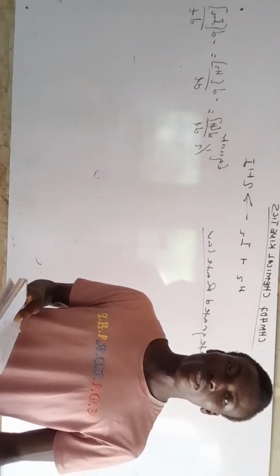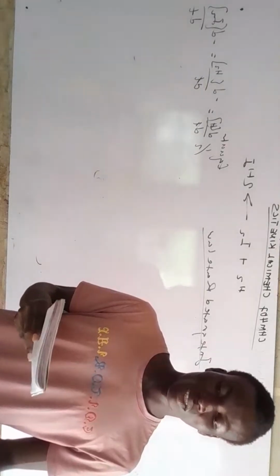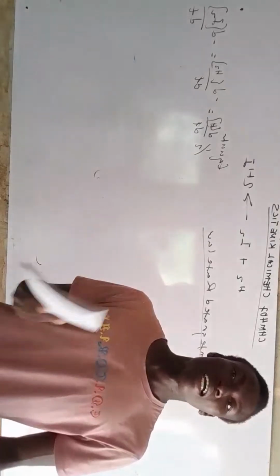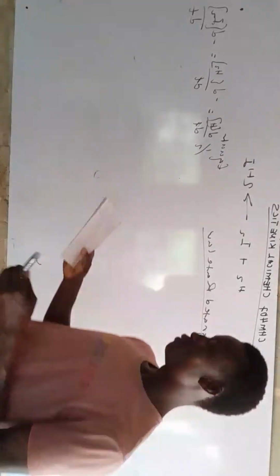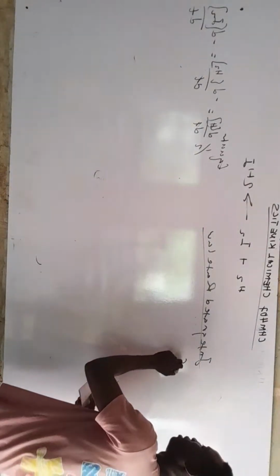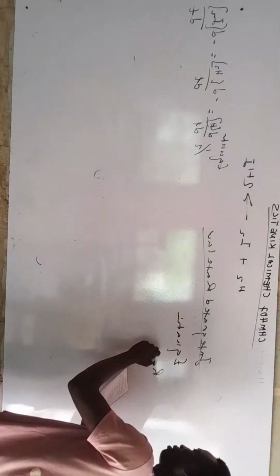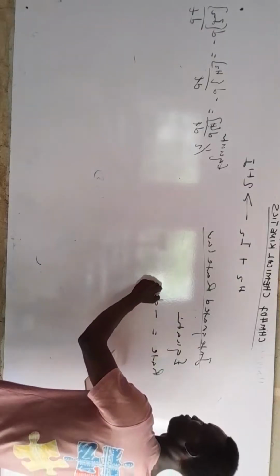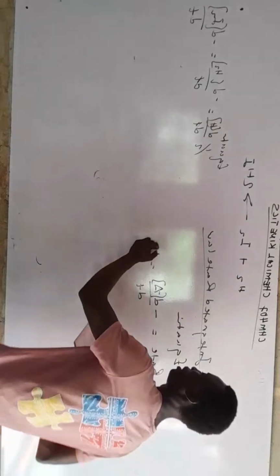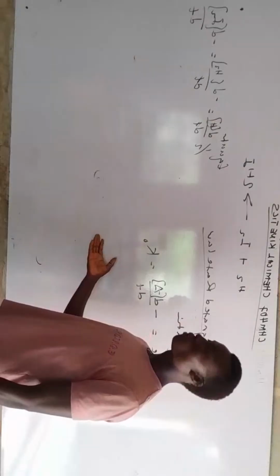Such a reaction is called a zero order reaction, for example, the cracking or decomposition of NH3 using tungsten as a catalyst. So what is the equation for it? If they ask you to write the equation for zero order, there we go. The rate equals minus d[A]/dt equals k0, because the reaction is not dependent on concentration.